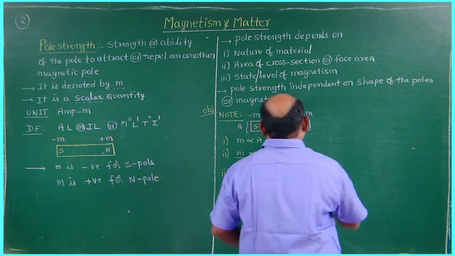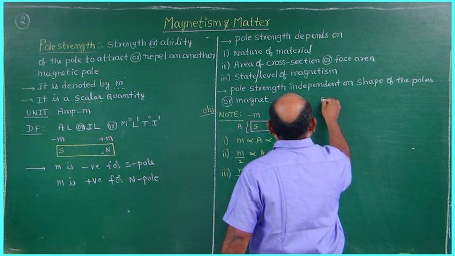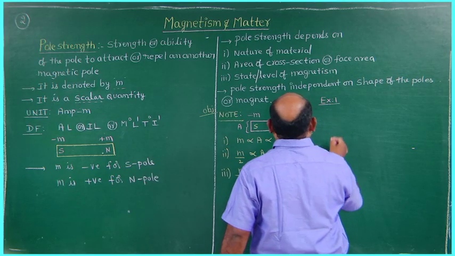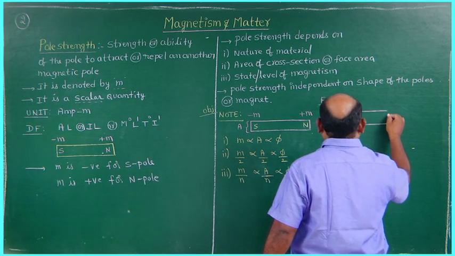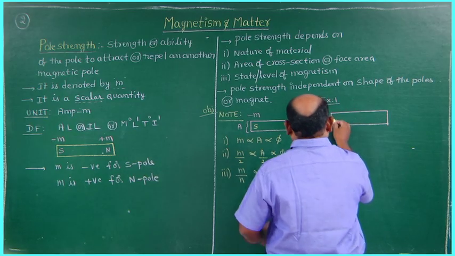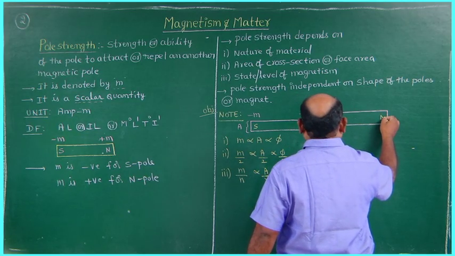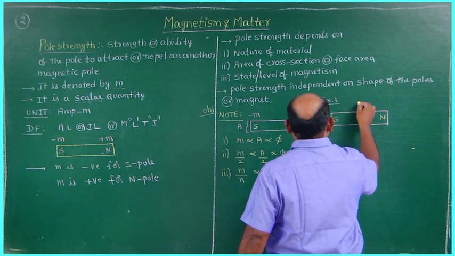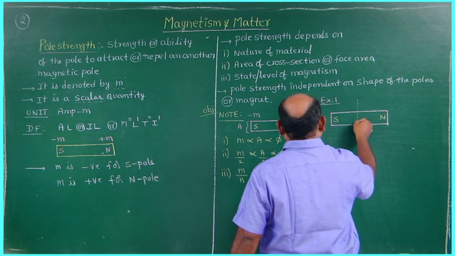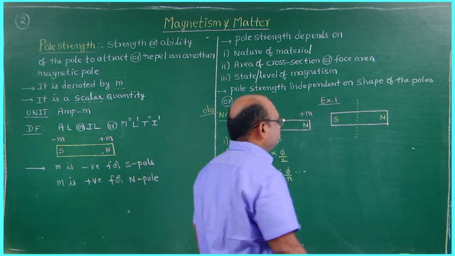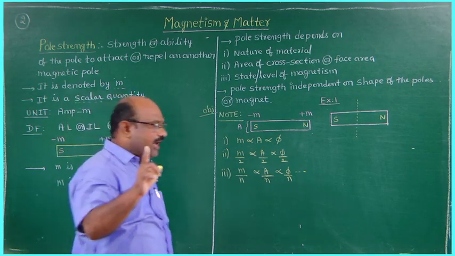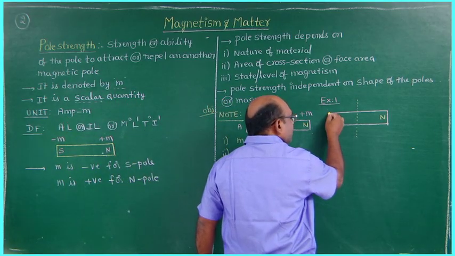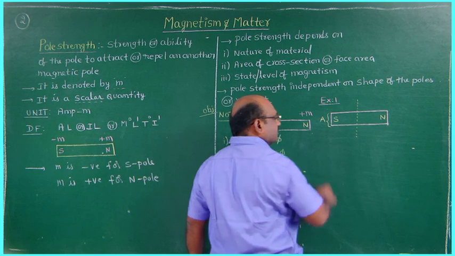Let's see some examples. The first example: this is one bar magnet, with the south pole and the north pole. Here it is cut into two pieces as shown in the figure. If you observe the diagram, this is the face area, or area of cross section.